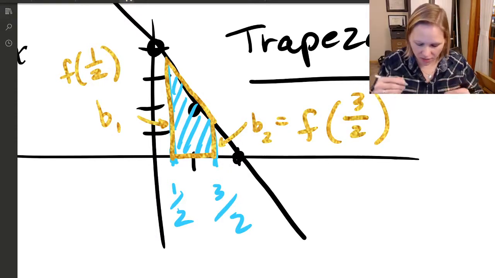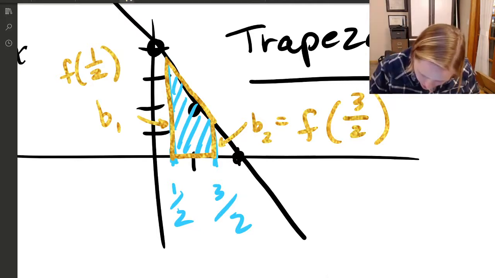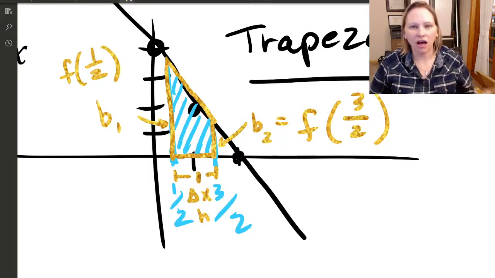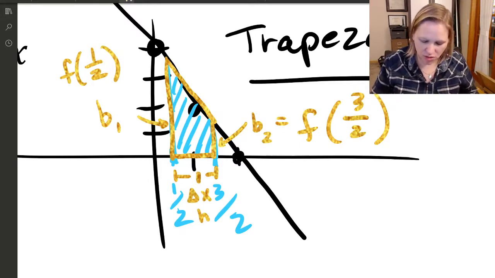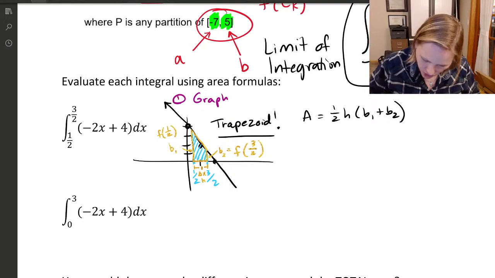So when I figure this out, I have to realize my y values are B1 and B2. And then this distance here is 1. That's my delta x. Okay, so that is my height of my trapezoid. So my height is 1, B1 and B2, I have to find those. So let's zoom out a little bit so we can find what those are.